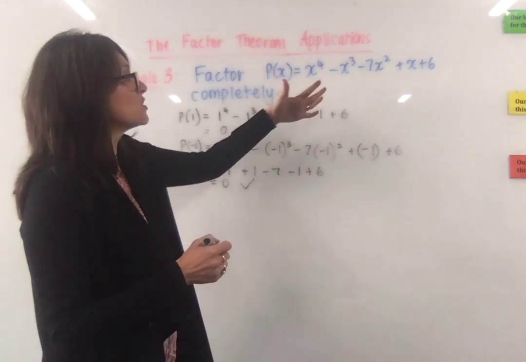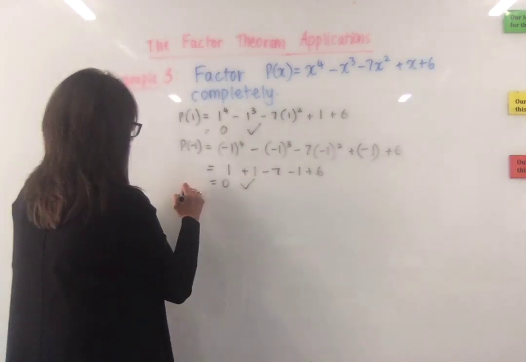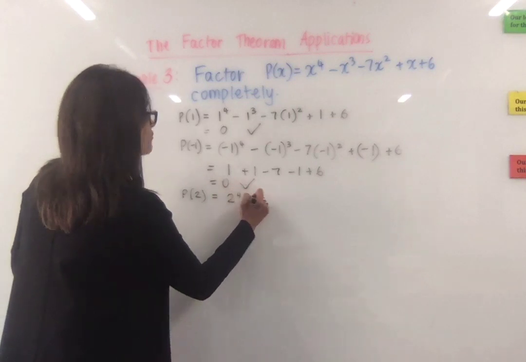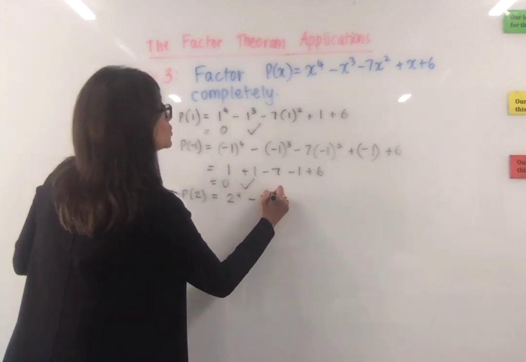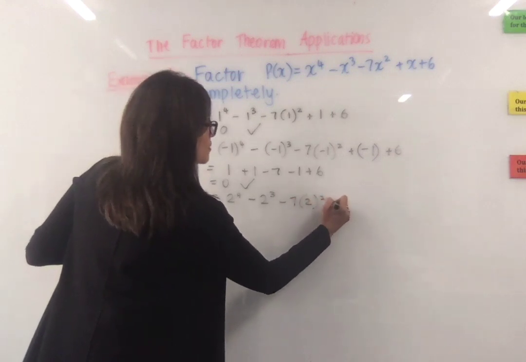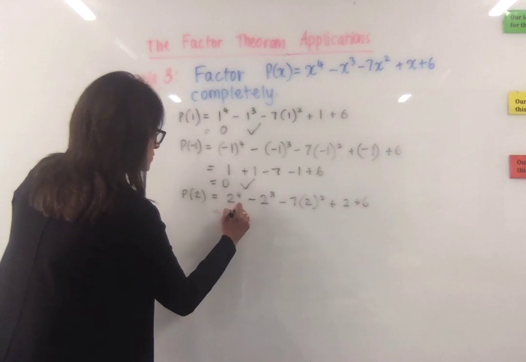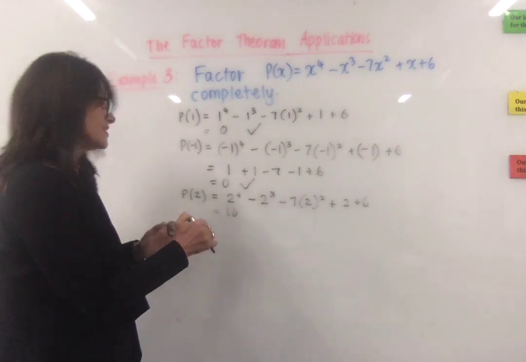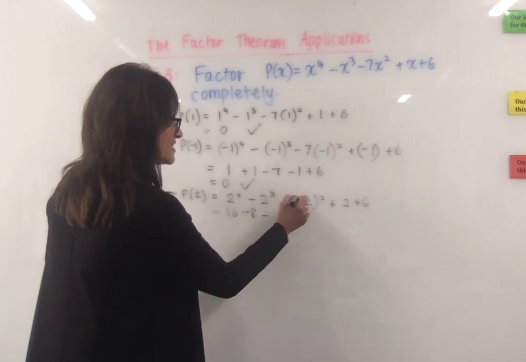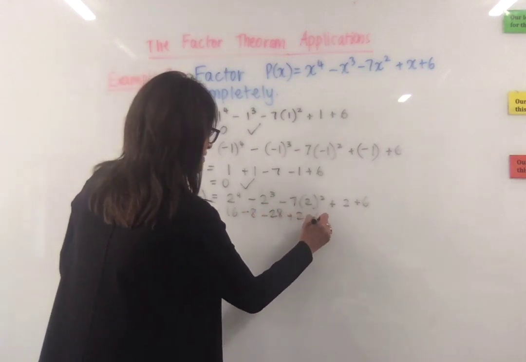So the next logical one to probably try would be 2. So let's find p of 2, which is 2 to the power of 4 minus 2 cubed minus 7 times 2 squared plus 2 plus 6. So 2 to the power of 4 is 16, minus 8, minus 7 times 4 is 28, plus 2 plus 6.